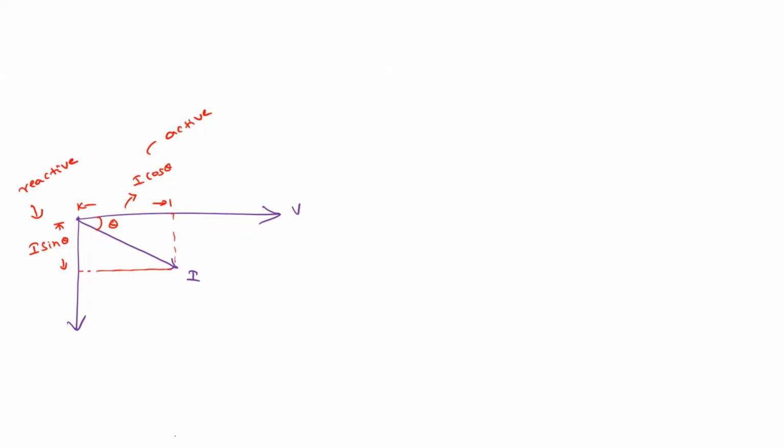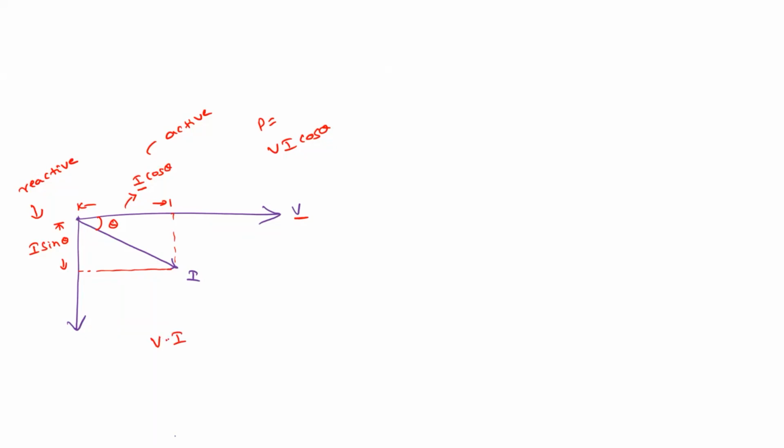Voltage and currents are phasors in AC circuits. If you multiply this voltage with I cos theta, that gives you VI cos theta, which is known as active power P, the active component of current multiplied by the voltage.